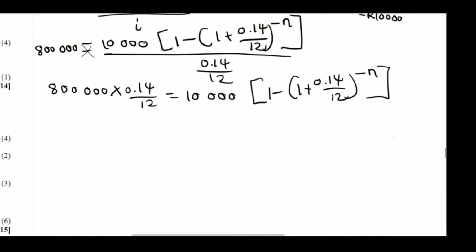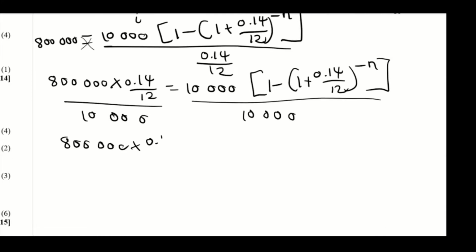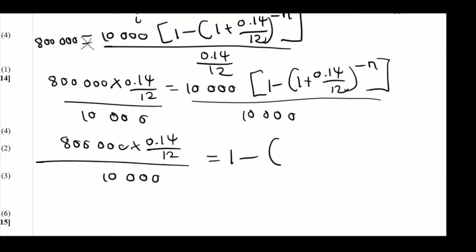So you divide by 10,000, then we have 800,000 times 0.14 over 12 divided by 10,000 equals 1 minus 1 plus 0.14 over 12 to the power minus n. Then we transpose the 1 to the other side.